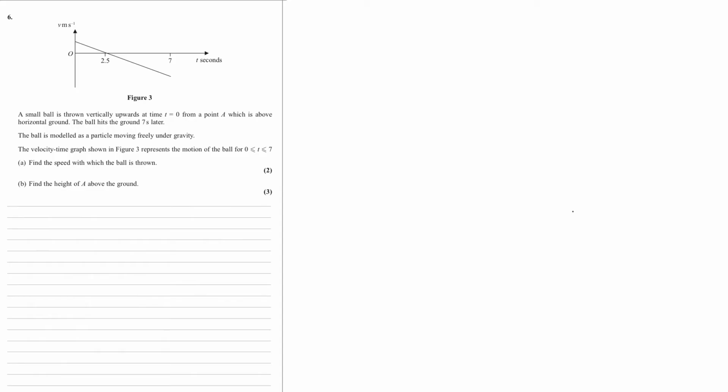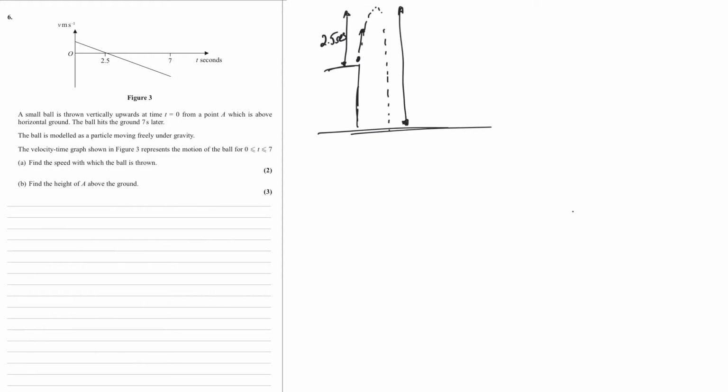So if I think of a sketch, the ball's being thrown upwards, and then it goes all the way down like that. So the time taken to go from here to here is 2.5 seconds. Since the total time is 7 seconds, this time here will be 4.5 seconds. At this top bit, the velocity is 0.